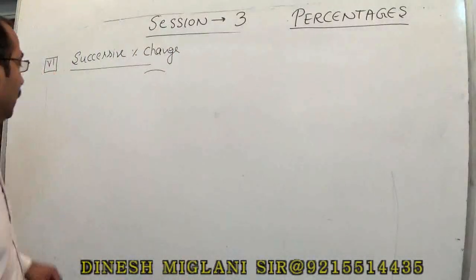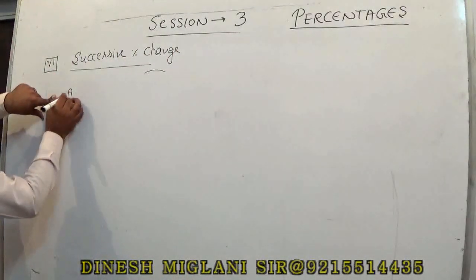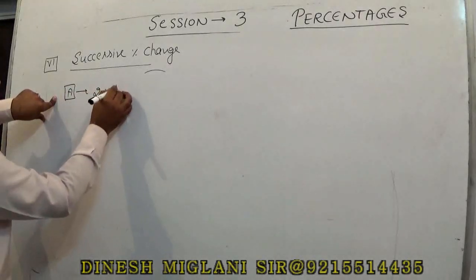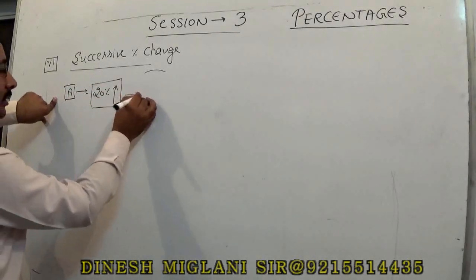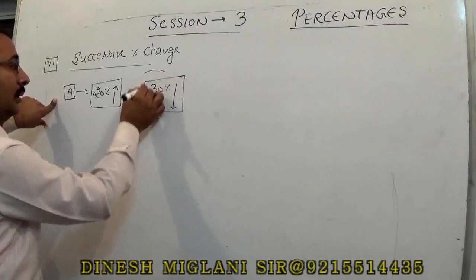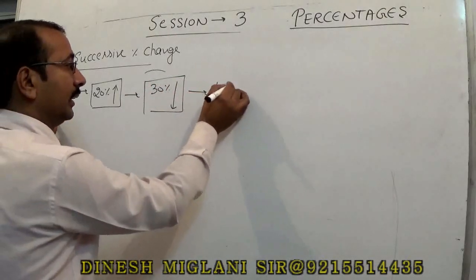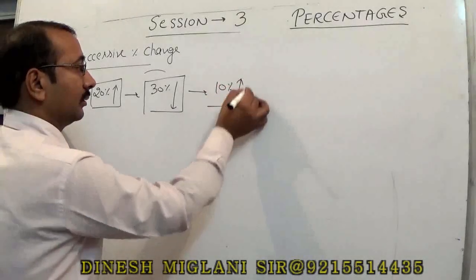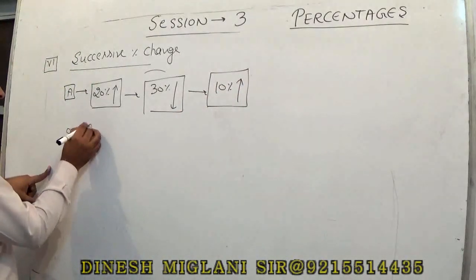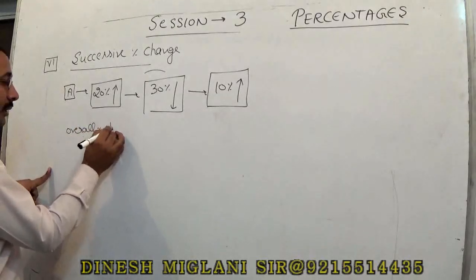For example, there is one number A, first it increases by 20%, then it decreases by 30%, then it further increases by 10%. We have to find out what is the overall percentage change.